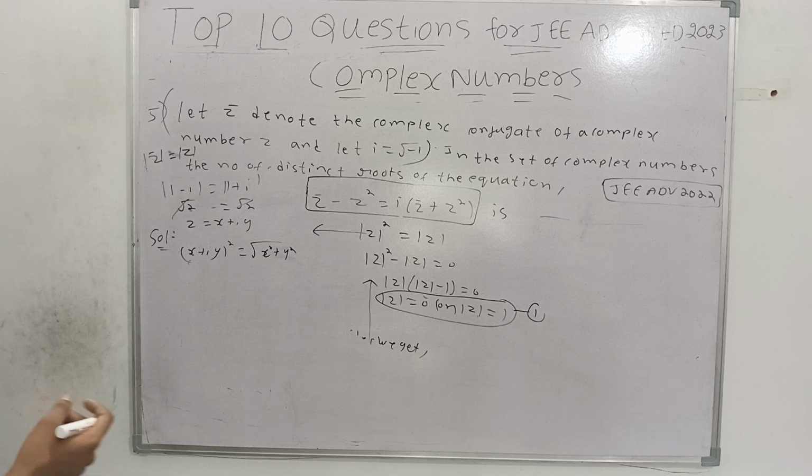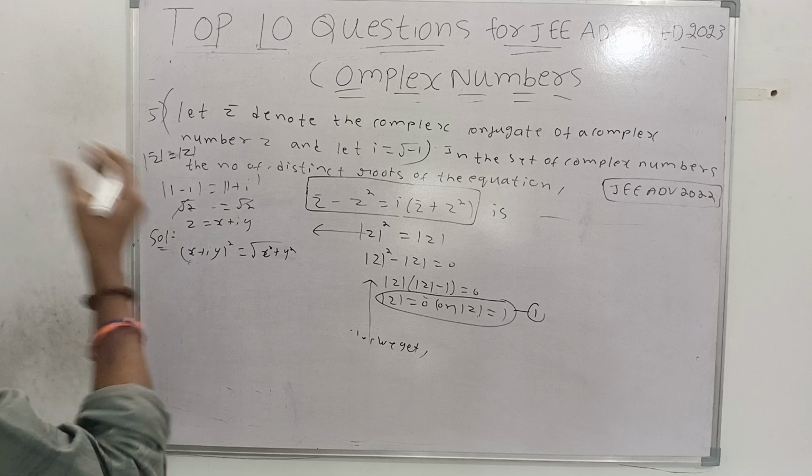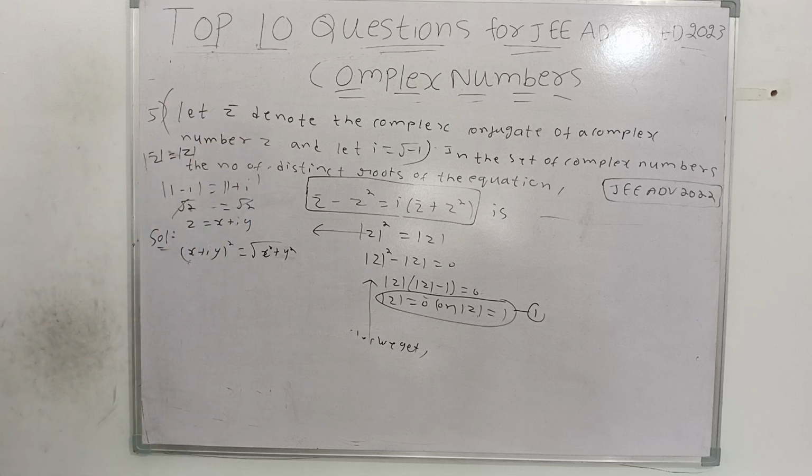Can we do this? Basically we have to find the number of distinct roots. It can be anything, 4 or 3, we have to find. For that we have solved half of the question. Now we have to solve the rest of the question.